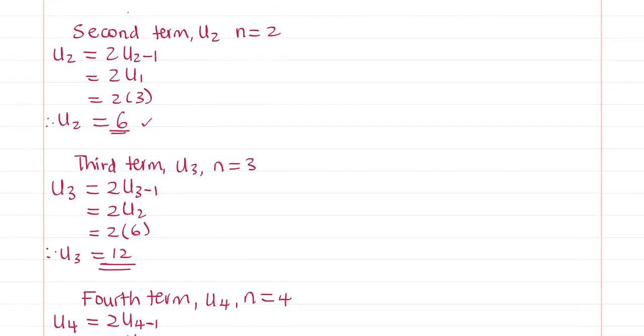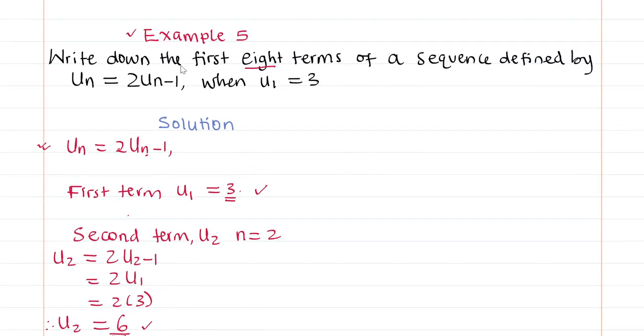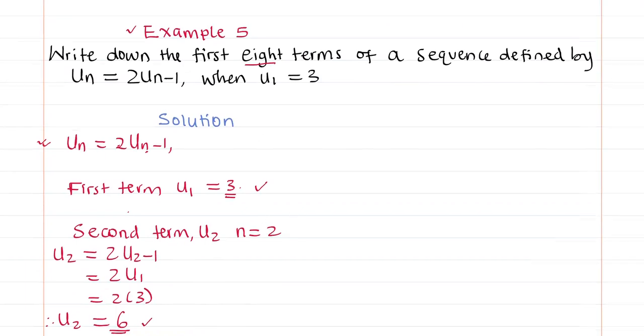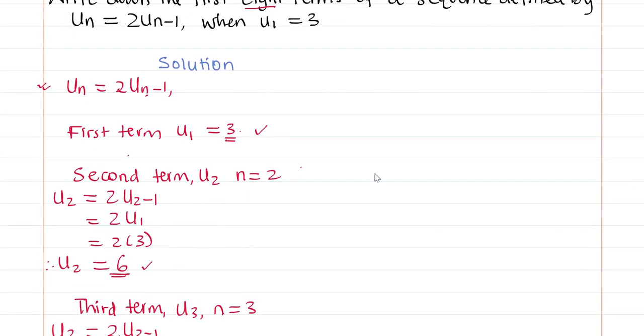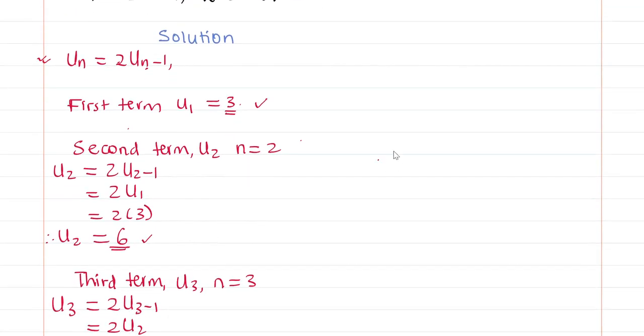And then you continue. Remember, we are looking for the 8th term, so we continue up to the 8th term. We have done the 4th term. Let me do my 5th term here, u5, n equals 5. You can pause the video and work it out first.